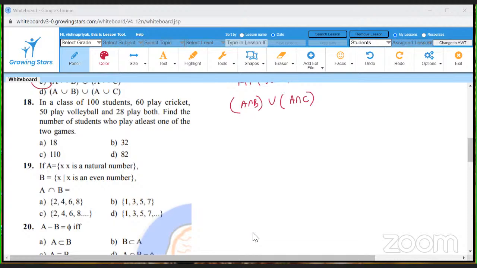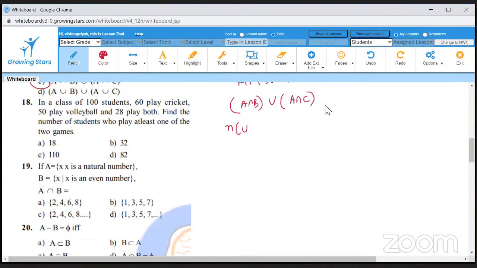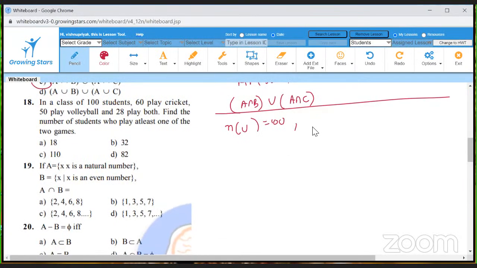Yes, some of you are saying B, they are correct. But those who are saying C, they are not correct. Think over why D is correct and why C is not correct. See, first of all, total universal set: total 100 students are there.